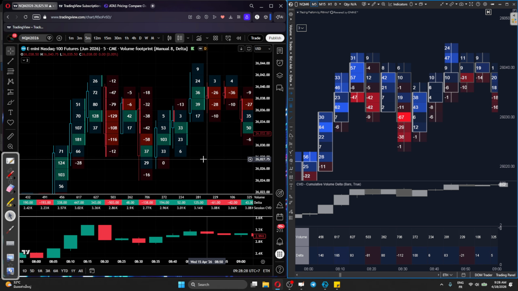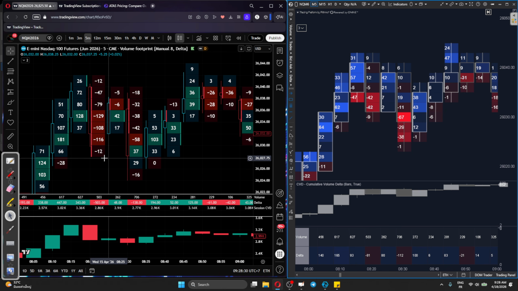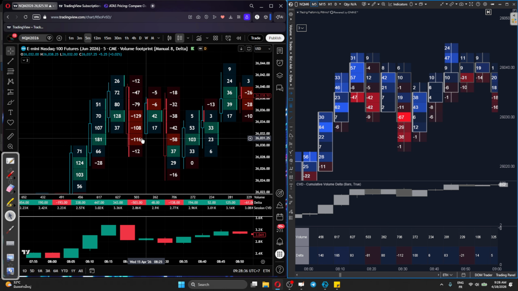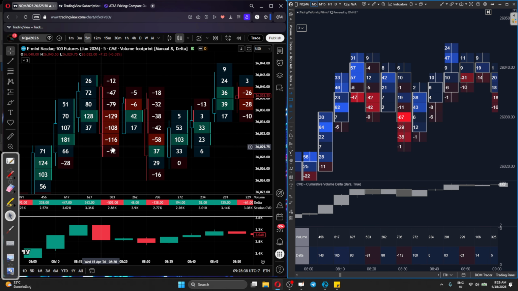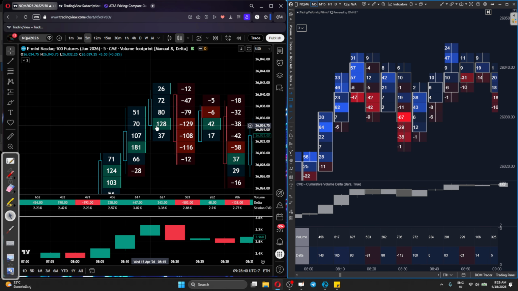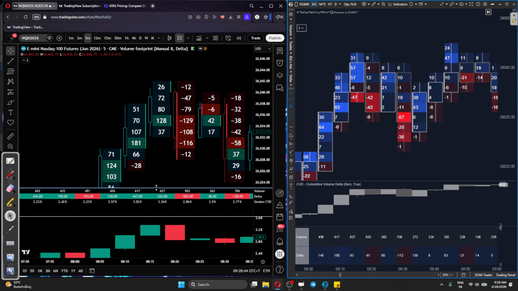I think what's more interesting is to get into the data, because this is the most important part of what we're going to be comparing. So let's look at the same candle here. We're going to look at a few candles, but first there's something that needs to be said, and there is no debate about it.